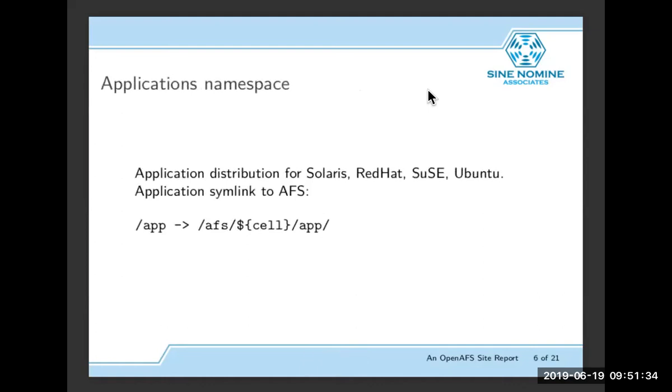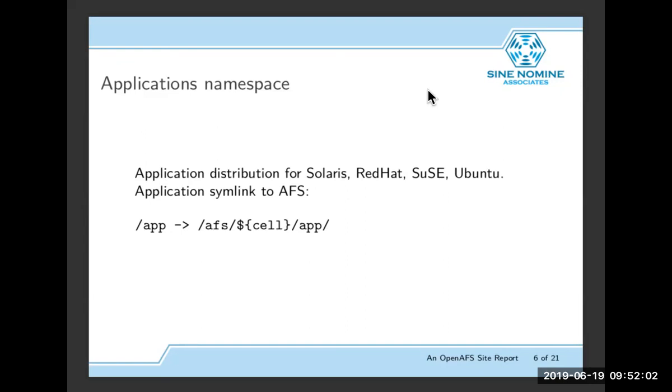Managed workstations have a /app directory in the root directory, which is a symlink to an app directory within the local cell for that client, because different clients are in different cells depending on what region the client is in. This supports different flavors of Unix: Solaris, Red Hat, different versions of Ubuntu, and different architectures.